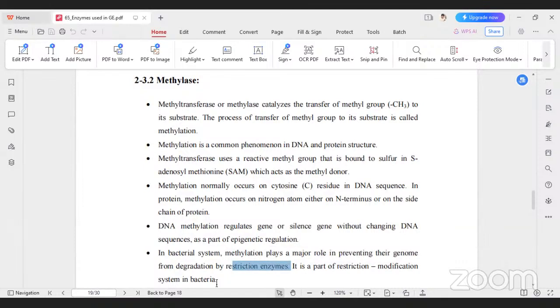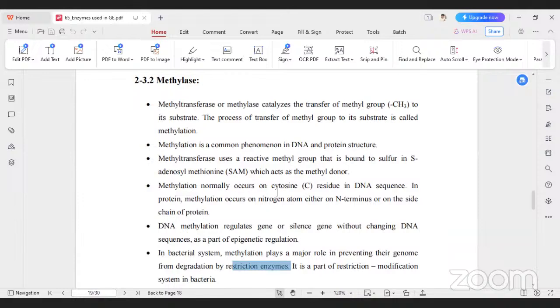Actually, restriction enzyme, where can we find restriction enzyme presence in DNA? What is the function of restriction enzyme? Actually, restriction enzymes tend to cut the DNA, the genetic material. That is the function of restriction enzyme. These restriction enzymes are found in bacteria, but within the same species, the restriction enzyme and also the genome material are both there.